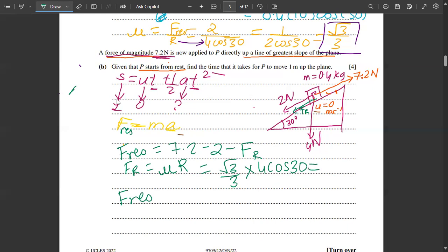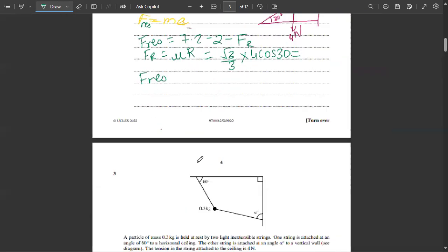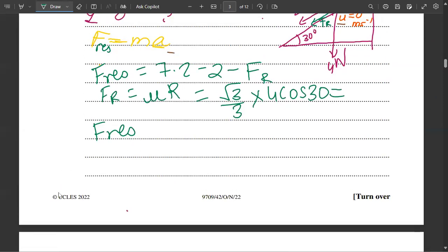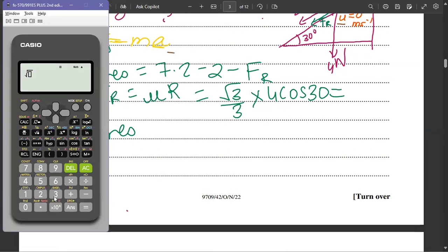First, one thing you should do is you should not put this in the calculator. Let me tell you the answer. The answer for this would be root 3 upon 3 into 4 cos 30.